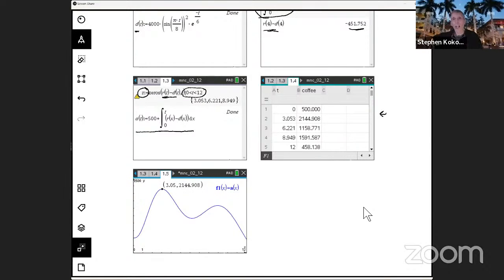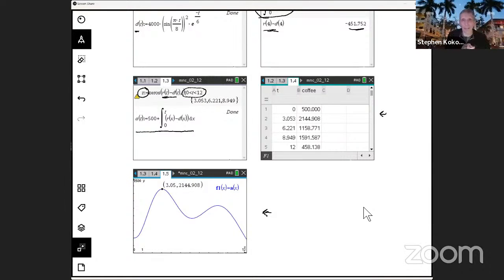Very cool. Not content with all of that, I wanted to see what this would look like graphically. And so on the bottom left-hand side over here, this is a graph page. And I actually sketched the graph of A of t between 0 and 12. And I used a built-in function here to find a maximum between 2 points.